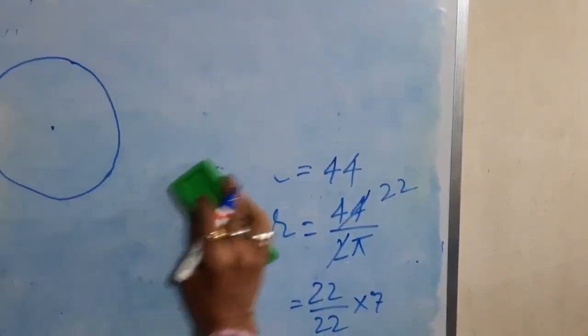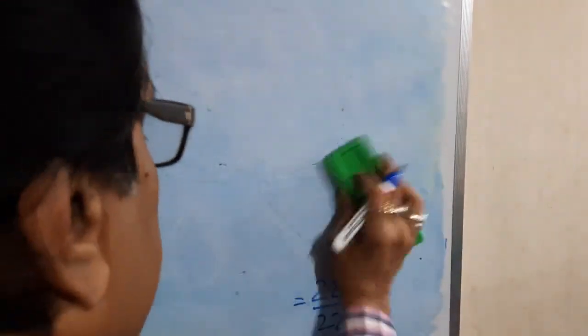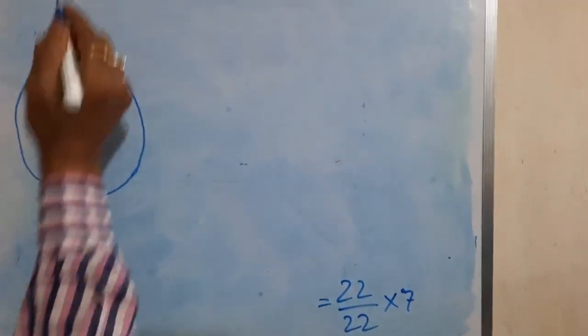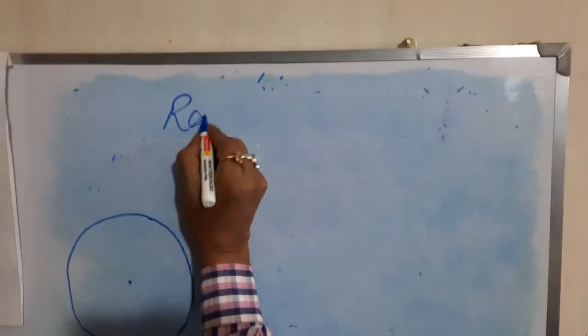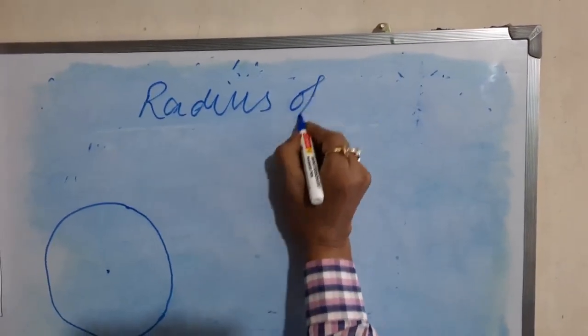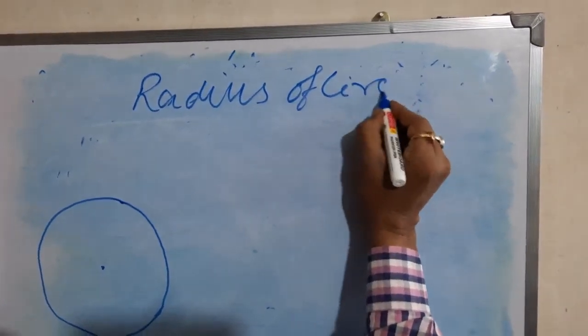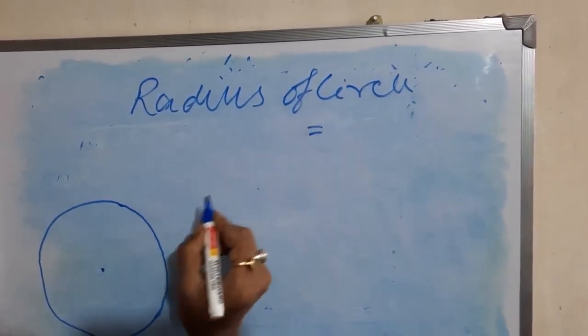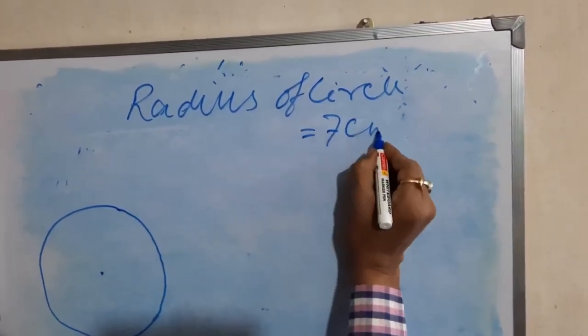So area of the circle, radius of the circle is equal to 7 centimeters.